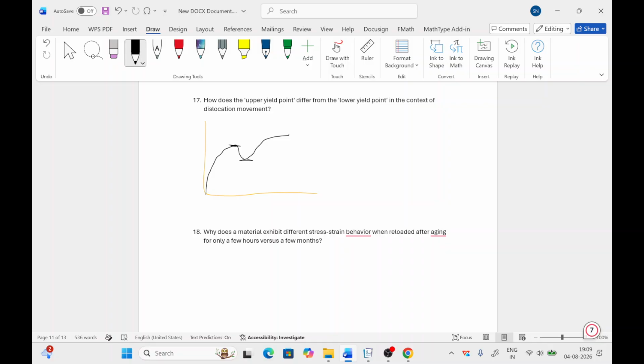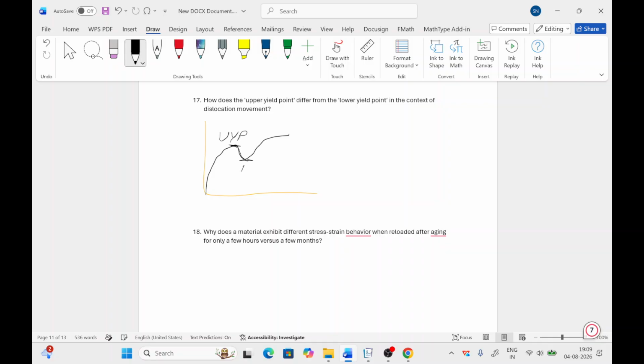So we have to first apply a higher amount of stress to unlock the dislocations from their core. As the dislocations get free, their motion will be easier and the deformation will proceed easily. That's why the stress reduces after the upper yield point.